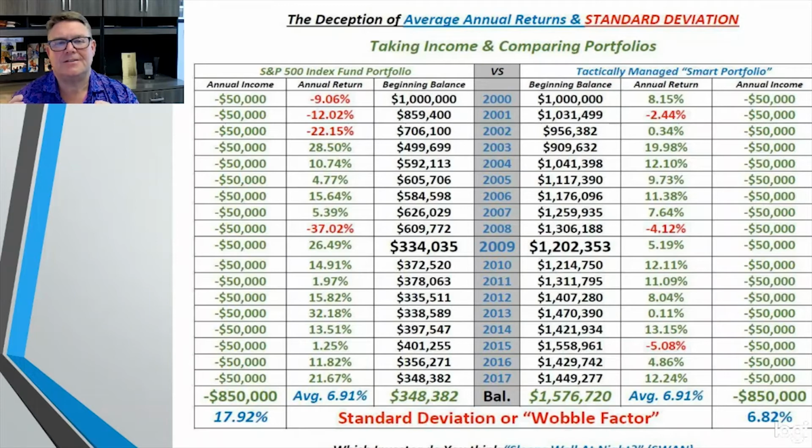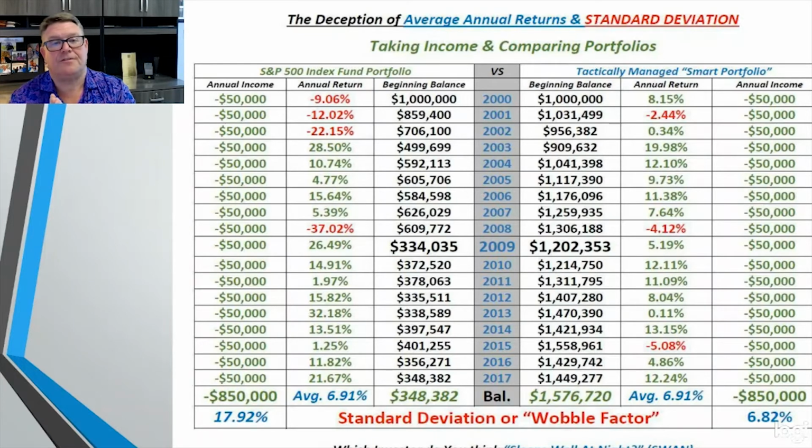What's unique is both portfolios have the identical average annual return after these 17 years of 6.91%. So one would think if we have $1 million portfolios pulling $50,000 a year out, both earning 6.91% average annual return, they should be equal after this period of time.